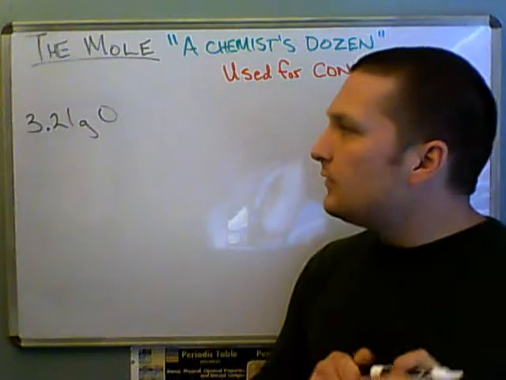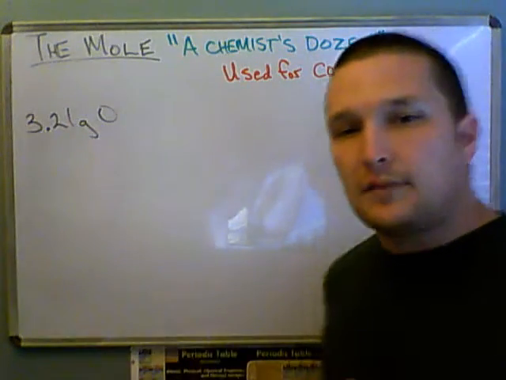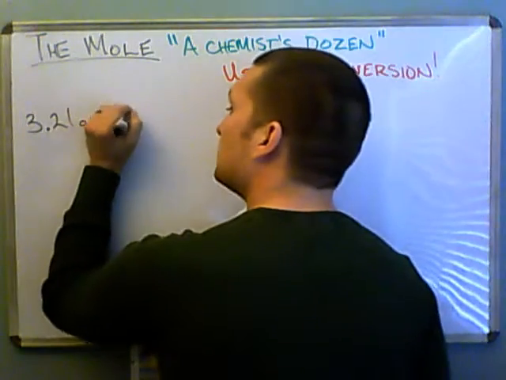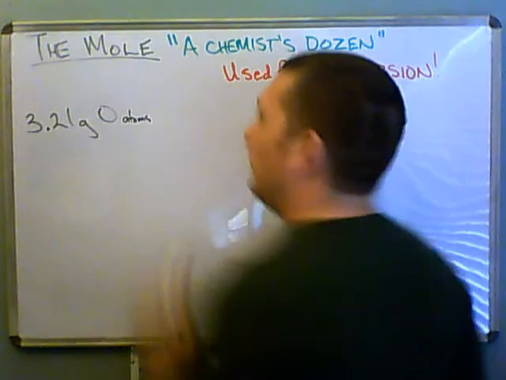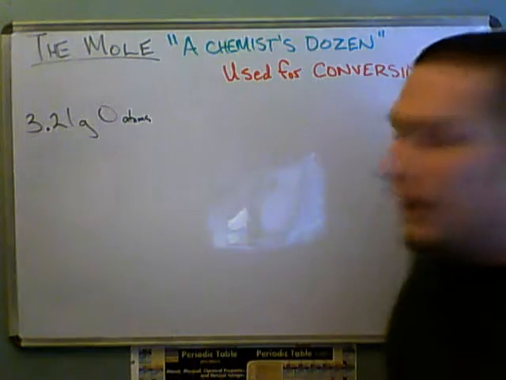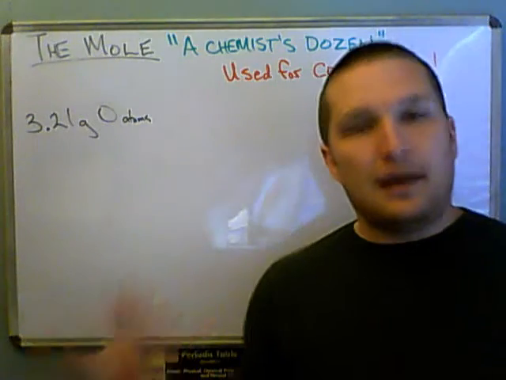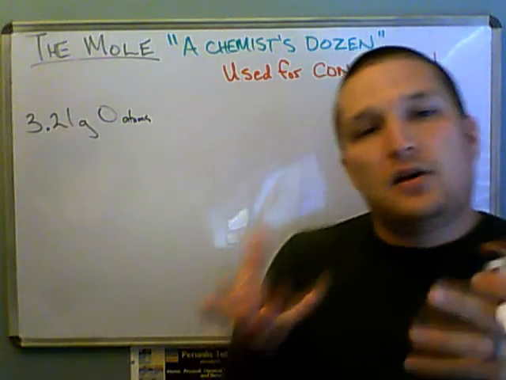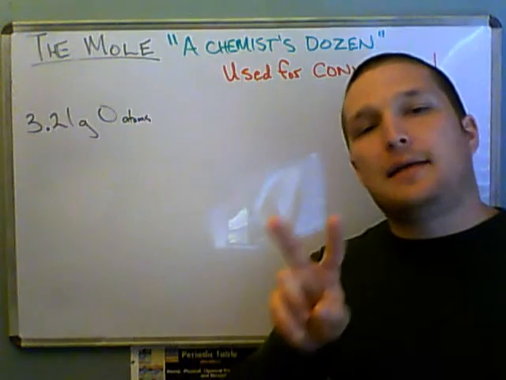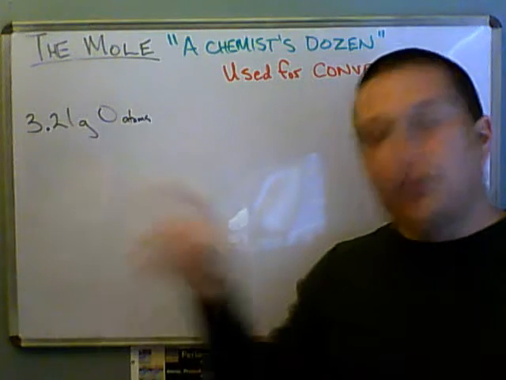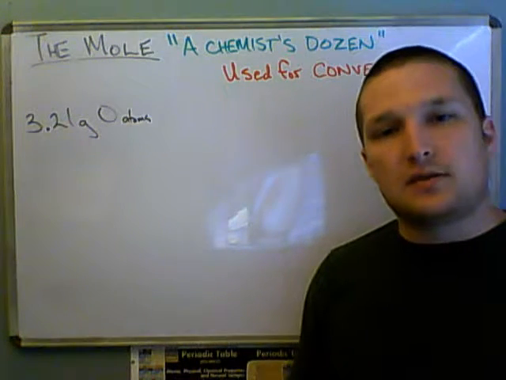Okay, so I have 3.21 grams of oxygen atoms, and I need to know how much hydrogen should I weigh out so that I have 2 atoms of hydrogen for every 1 atom of oxygen.